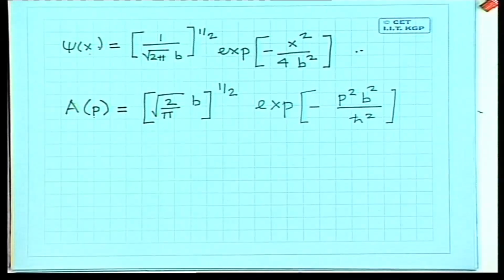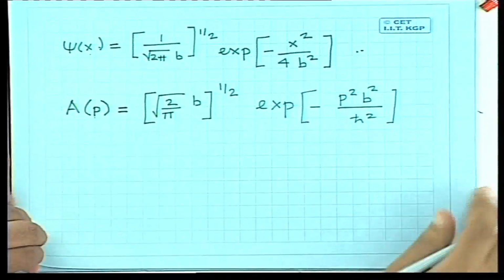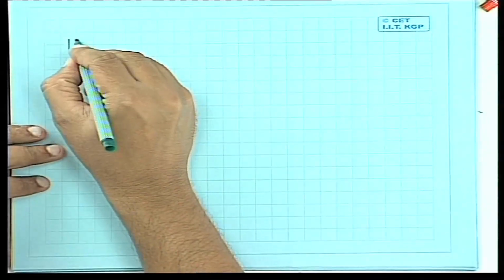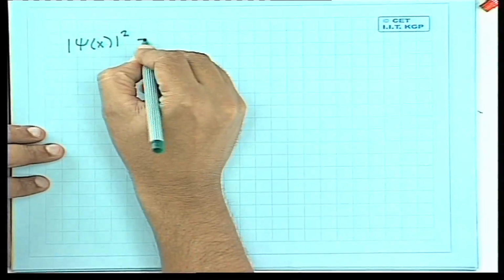Now, what do we learn in this whole mathematical exercise? So the final point which we wanted to get was this. Now, the probability of getting the particle at any point, if we calculate that, is the mod of psi x squared.